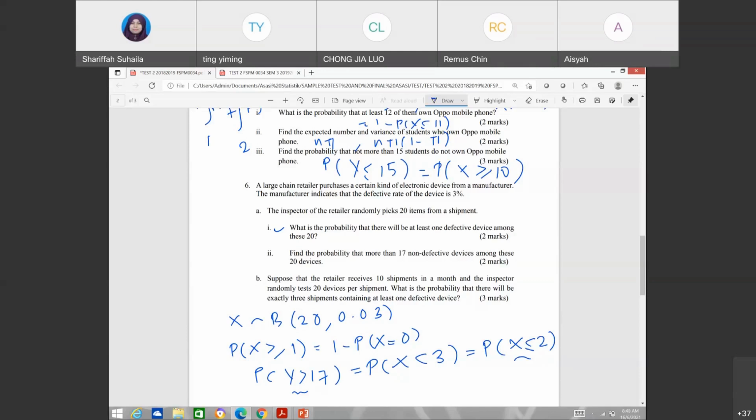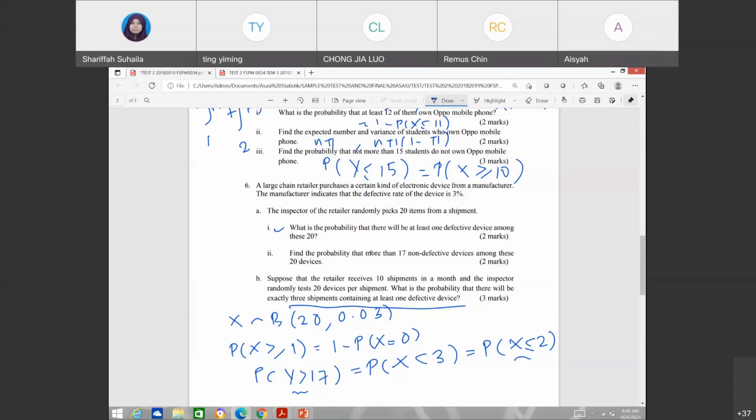Okay, part B. So now we are concerned with shipment. Suppose that the retailer received 10 shipments in a month, and the inspector randomly tests 20 devices per shipment. So what is the probability that there will be exactly 3 shipments containing at least one defective device? Okay, the same concept. Sekarang ni kita ada 3 shipment.